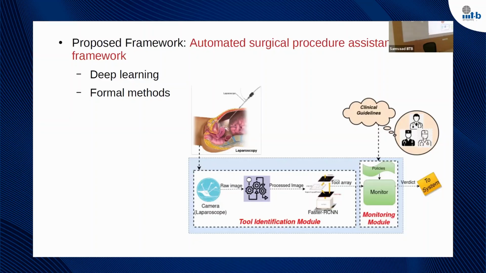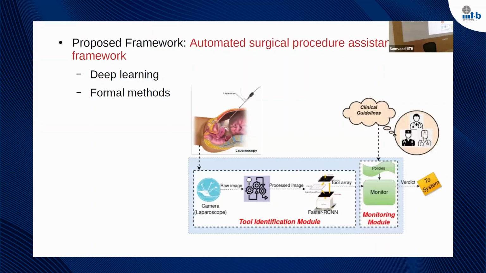On the other hand, we collected images and videos of laparoscopic surgeries, and trained a model which identifies in each frame which tools are being used. This was done before runtime, before actually doing the surgeries.